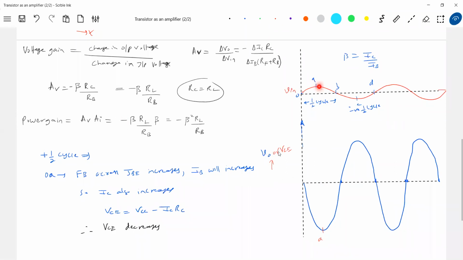Now come to this one. For AB, what happens? The forward bias starts decreasing. IB decreases, IC decreases. If IC decreases, VC increases.